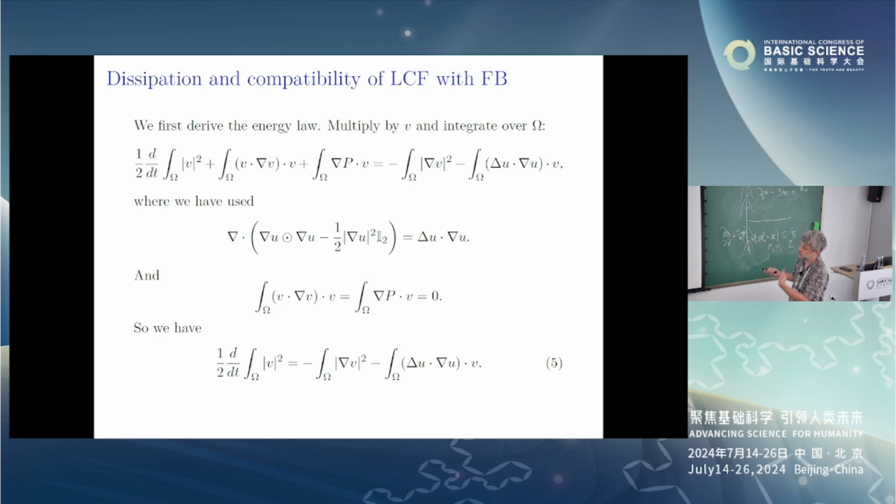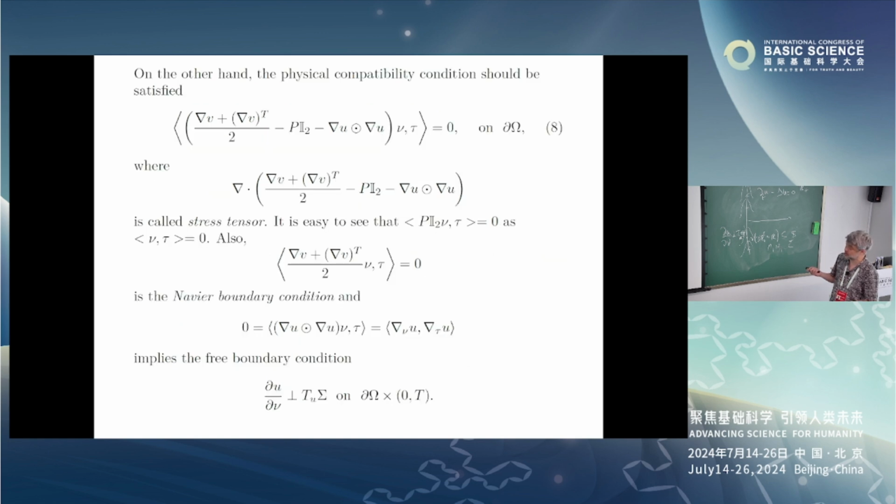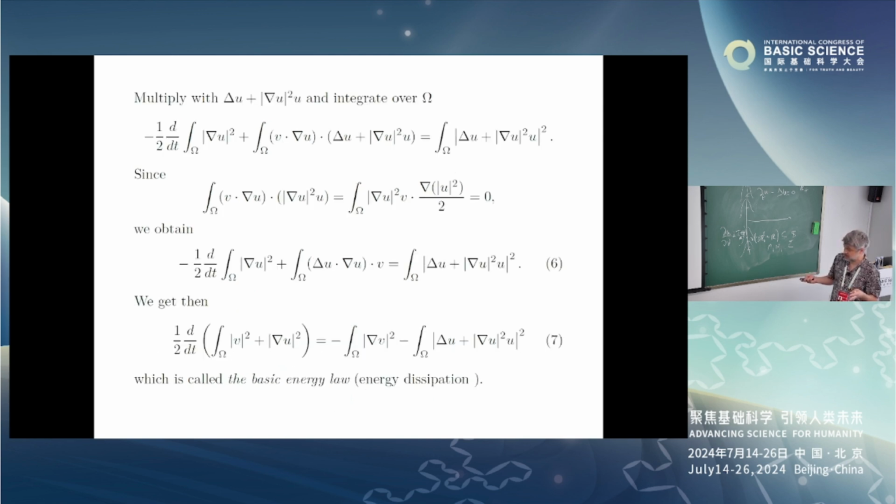Once you have the equation, you just do the classical energy estimate, a formal energy computation, and you figure out that, let me skip that, using the equation and the boundary condition, everything is consistent, and you have a basic energy law, which is like, you see, the variation in time of this energy is non-positive, right?